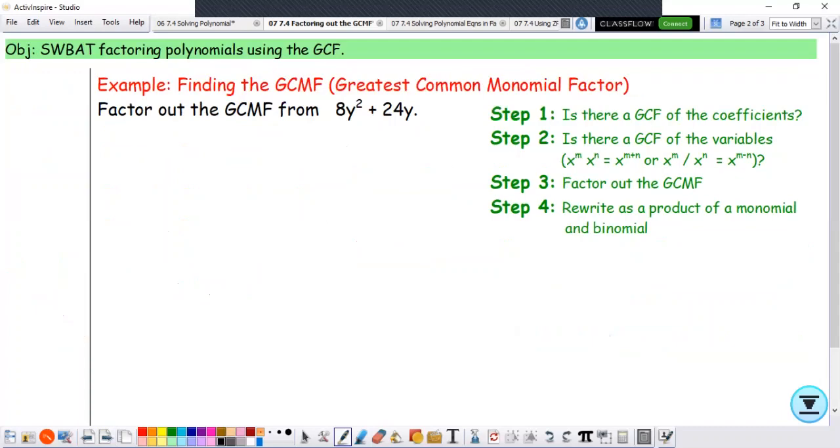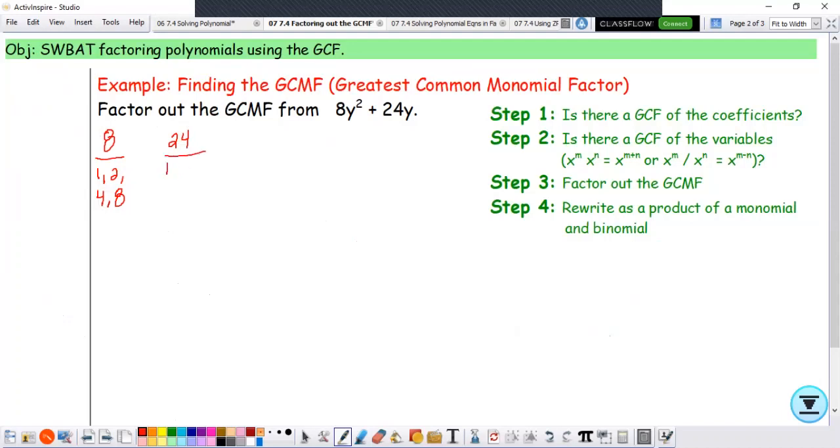Let's take a look at another one. Here we have 8y squared plus 24y. It doesn't hurt to always take the time to write out your factors. So we have 8 and 24. And for 8, we have 1, 2, 4, and 8.